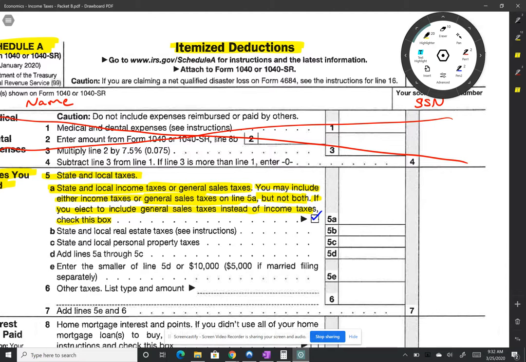Okay. So 5A, we've got to calculate out our general sales tax. There are two ways of doing this. One, if you were really, really on top of it, and I don't think anybody ever is, you could take your receipts from January 1st, 2019, all the way to December 31st, 2019, and calculate up all of the amounts that you paid in sales tax.